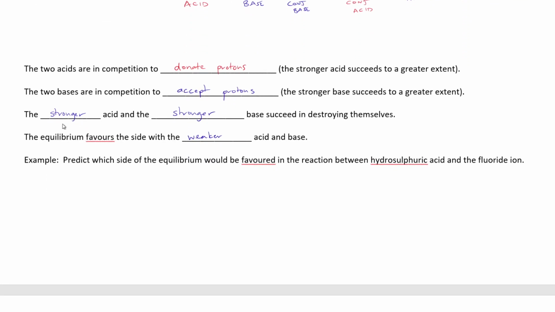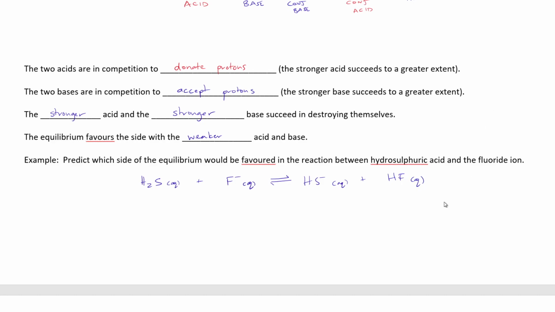And then you can basically take a look over here. It says predict which side of the equilibrium would be favored in the reaction between hydrosulfuric acid and the fluoride ion. So if we did this, H2S, hydrosulfuric acid, plus the fluoride ion, we have an arrow here, and then we get HS minus, aqueous, and HF, aqueous.